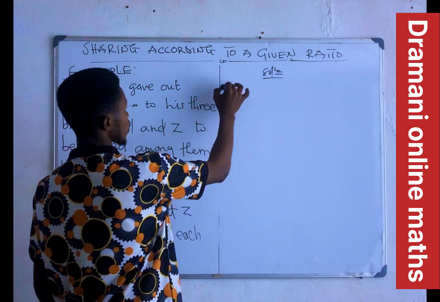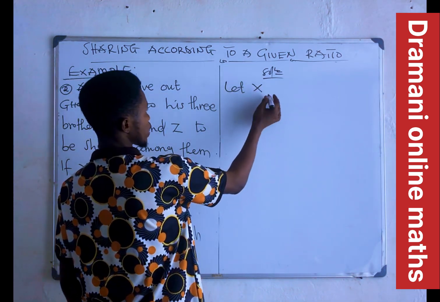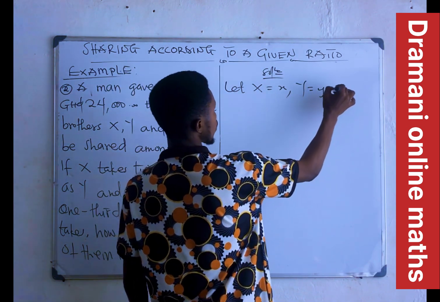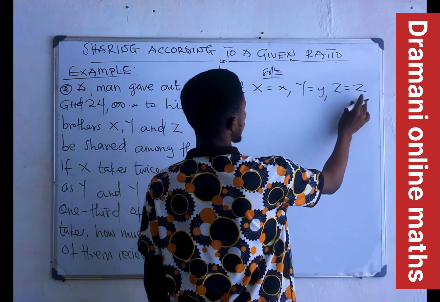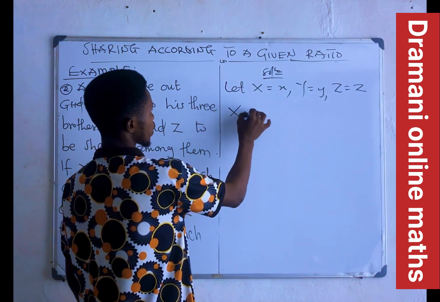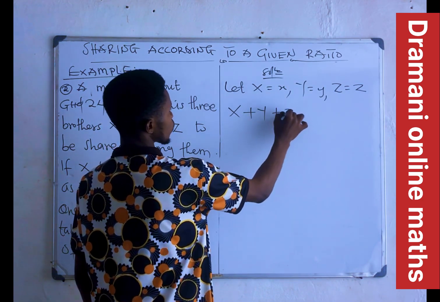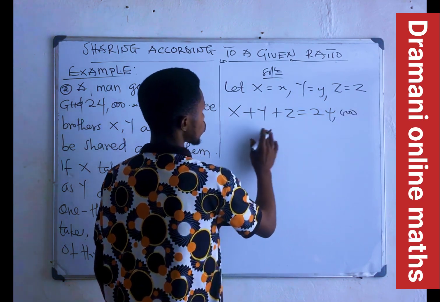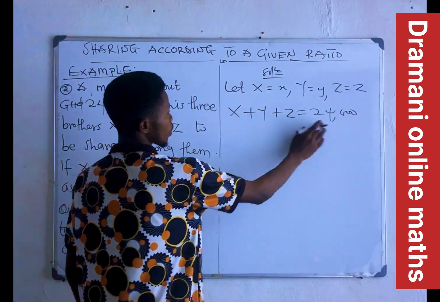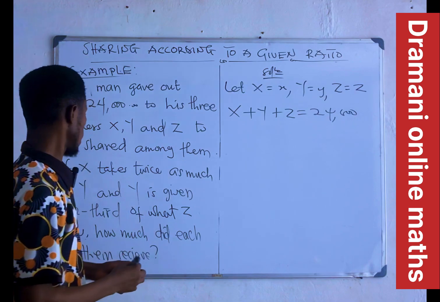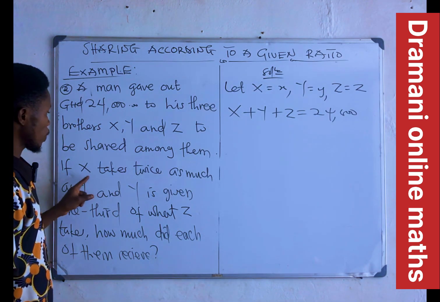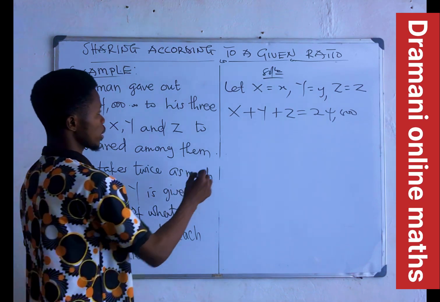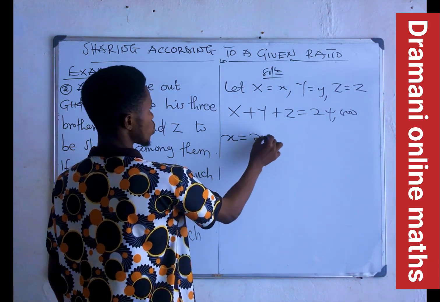Now, first thing, let brother X equal small x, brother Y equal small y, brother Z equal small z. Know that what brother X received, y and z received is 24,000. So the total amount, if you add all of them, is what you're going to get. But let's look at something here. If x takes twice as much as y, it means x is equal to 2 times what? y.